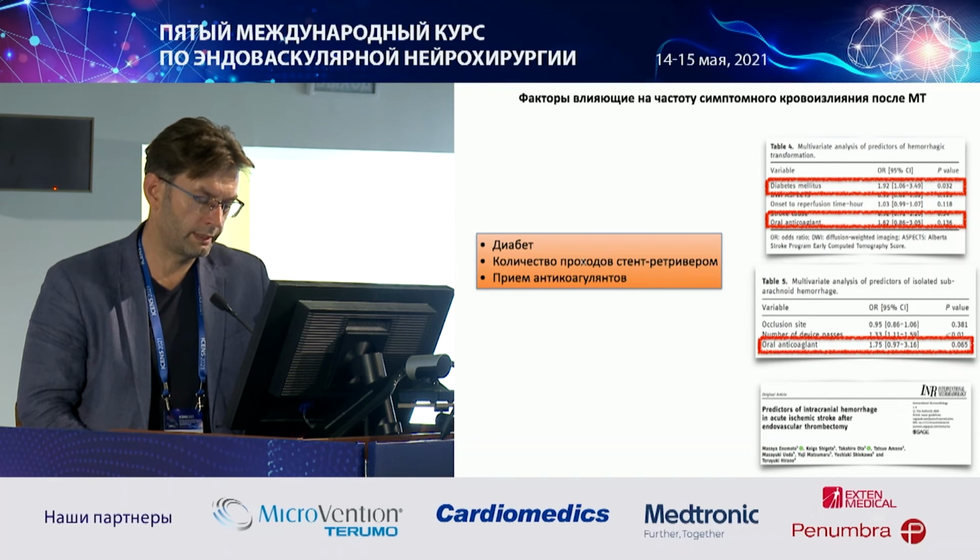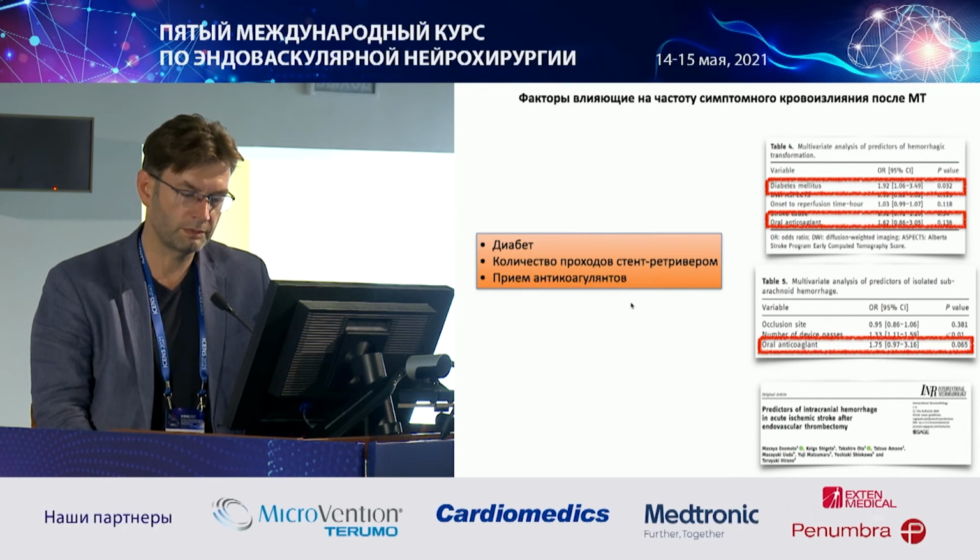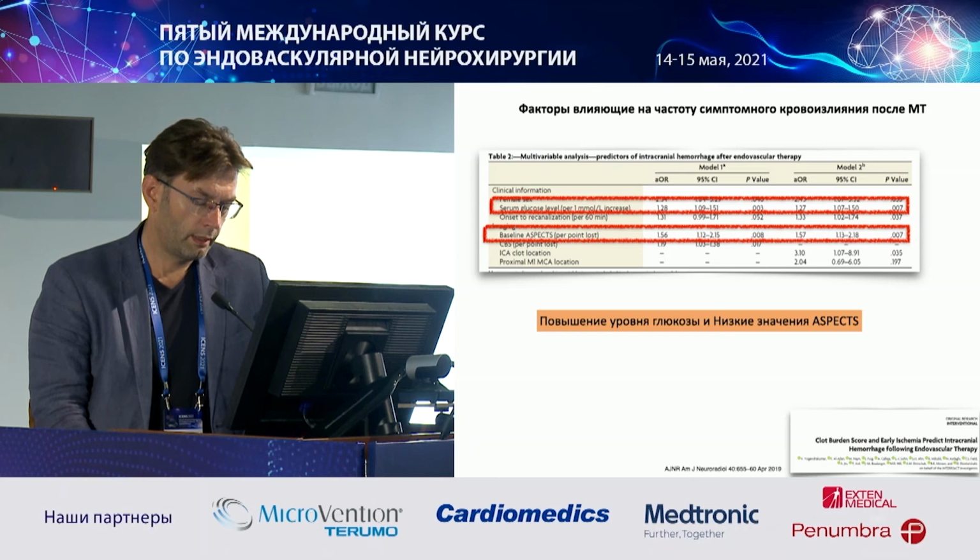What are the factors that affect the frequency of bleedings in different authors? They're described in different ways, but for instance, in this article, diabetes mellitus, the number of stent retriever passages, and taking anticoagulants were the important factors of bleeding after mechanical thrombectomy.